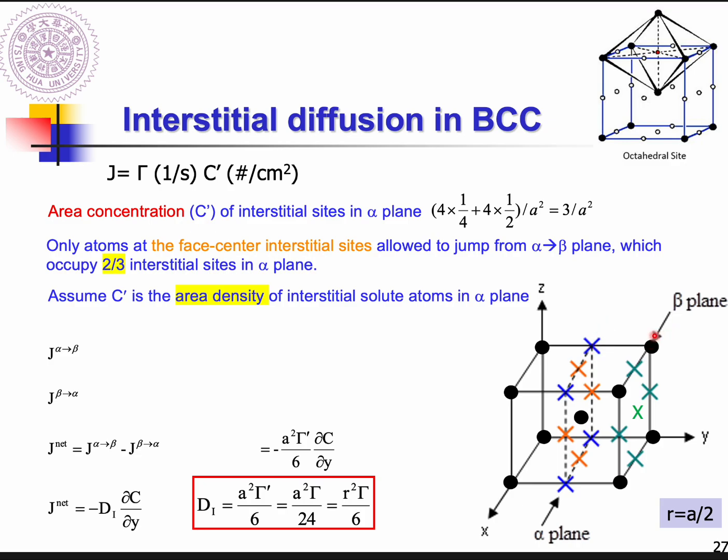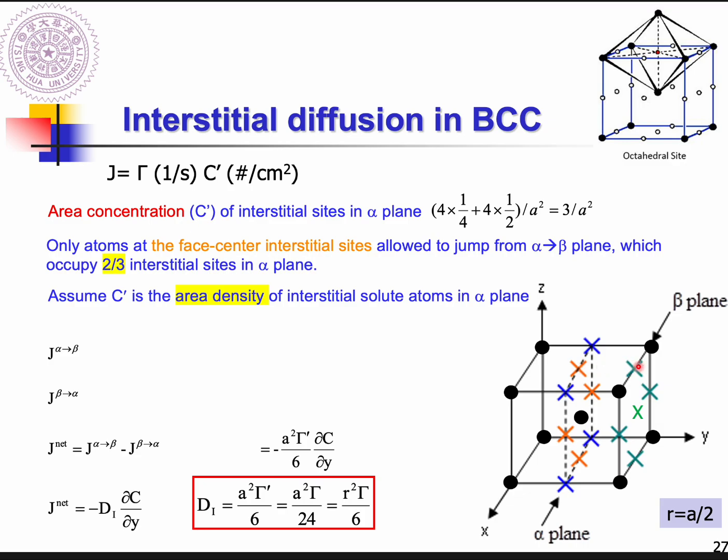No, right? Because there's an atom located at this edge. So it cannot make a successful jump. The same happens on this interstitial site, this one, and this one. It cannot make a successful jump. But if the solute atom is located at this interstitial site, it can make a successful jump to the beta plane.